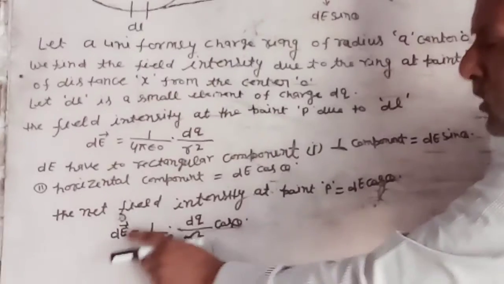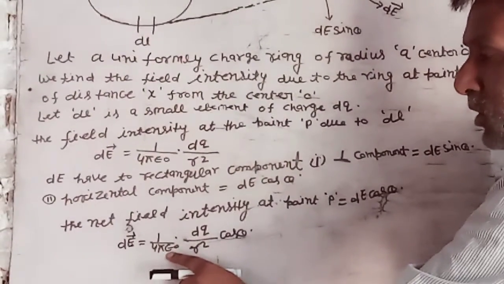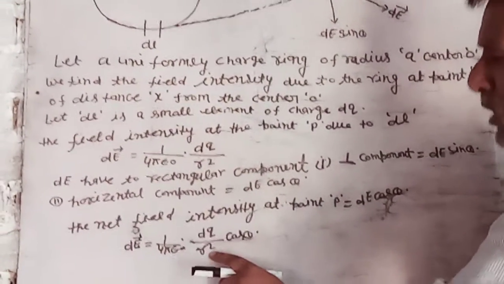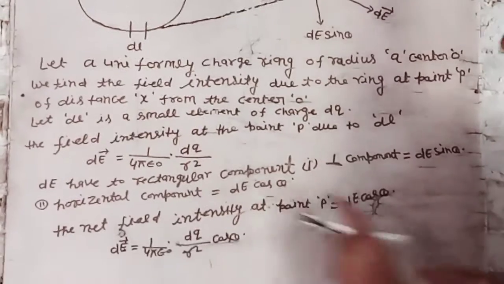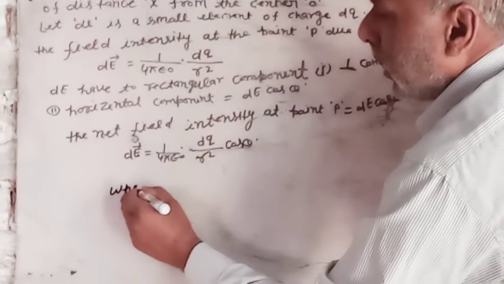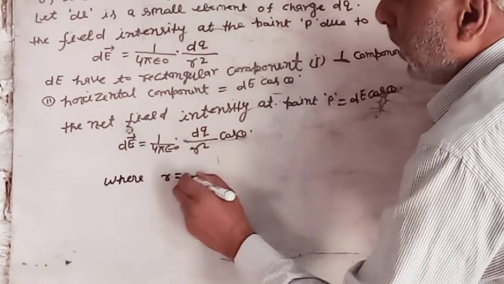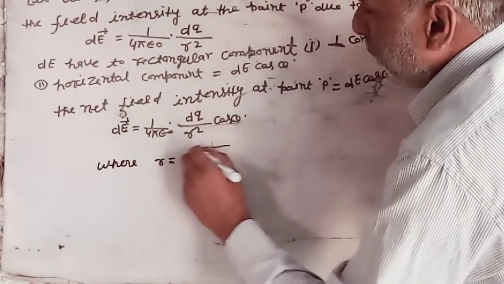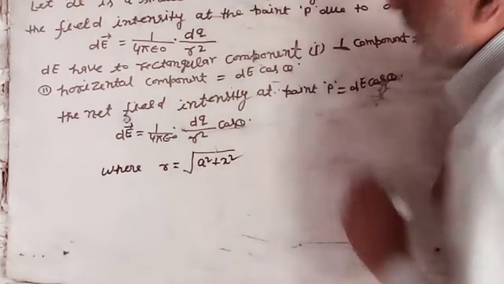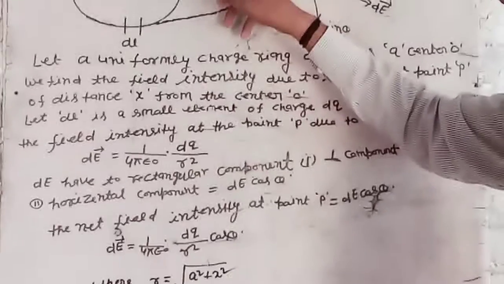The vector dE is equal to 1 upon 4 pi epsilon 0 into dq by r square into cos theta, where r is equal to under root a square plus x square according to Pythagoras theorem.